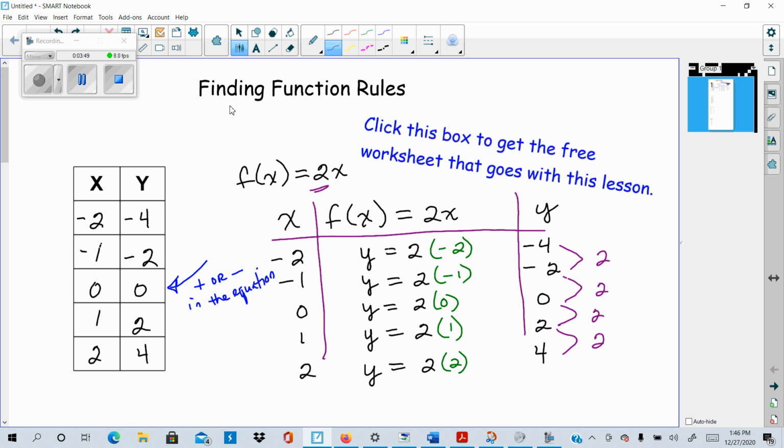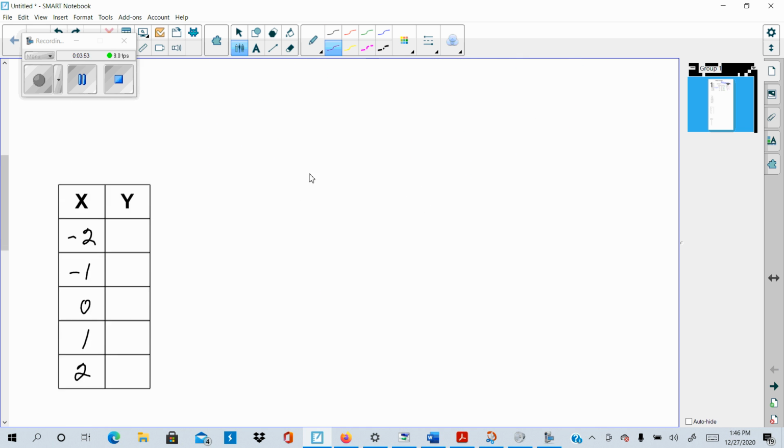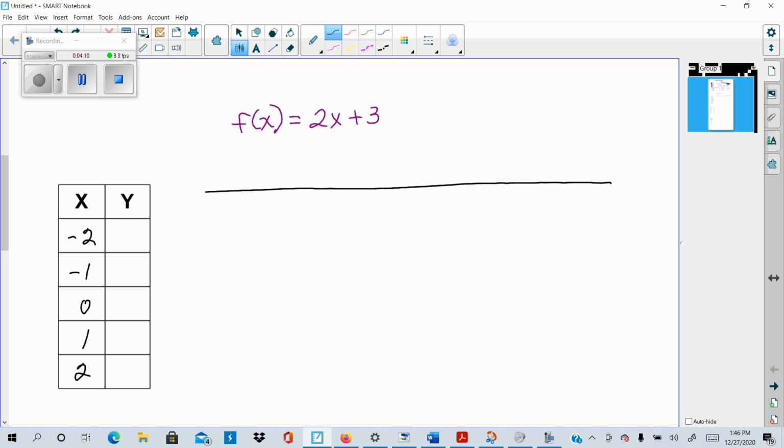So now let's go on and let's try something that has an addition or subtraction in it. This is in the worksheet also, but I did not work it out. So let's take the f of x. It's going to be 2x plus 3. Once again, we're going to be making our big chart here. It's a couple step equation, so I'll make it real big. Up here goes our equation.